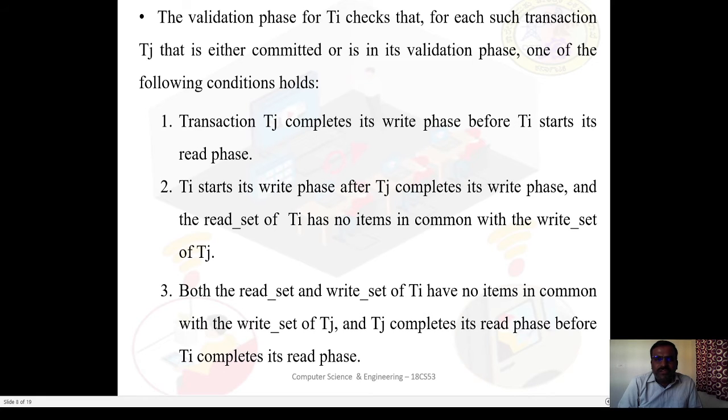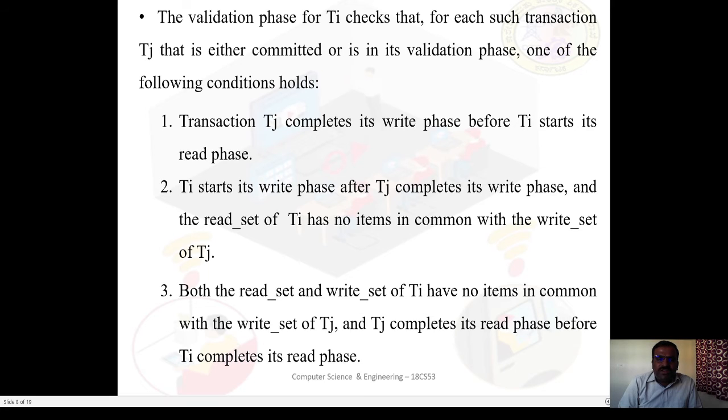The first condition is transaction Tj completes its write phase before Ti starts its read phase. The second condition is Ti starts its write phase after Tj completes its write phase, and the read_set of Ti has no item in common with the write_set of Tj.